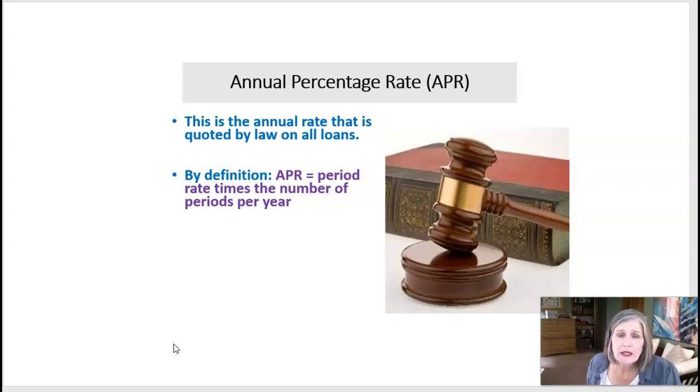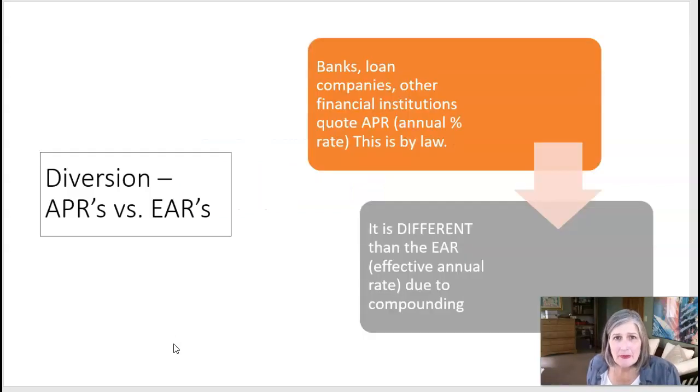So for example, if I have an APR of 12% and it's compounded monthly, 12 times in a year, I take the 12% divided by the 12 compounding periods, and it's going to be 1% per month. That's how we calculate the period rate for an APR.